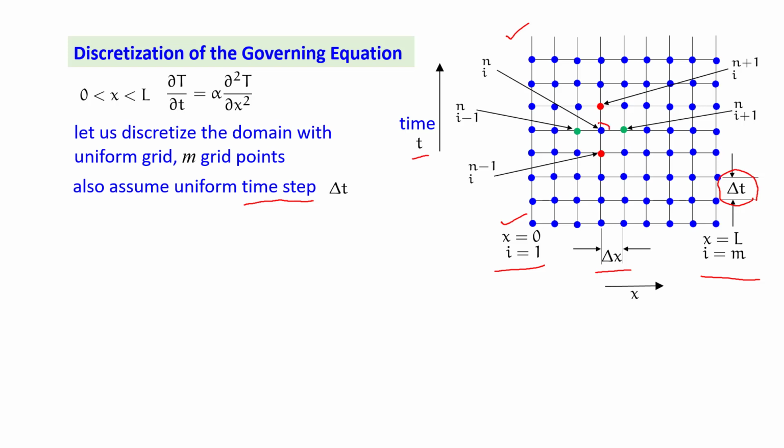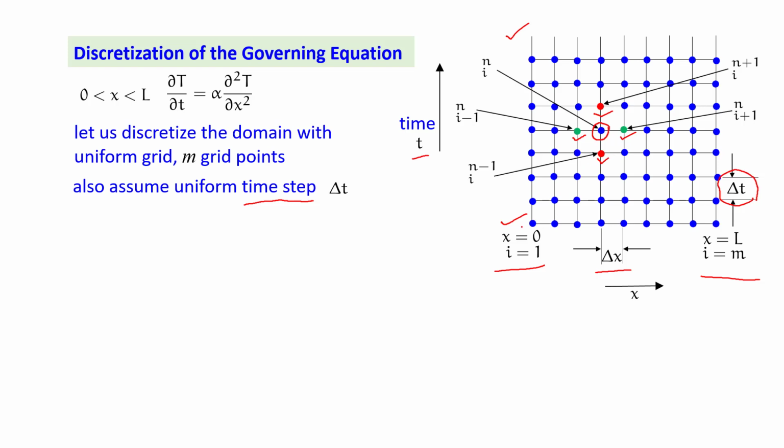If you see this particular point, in space location this is i, in time location this is n, and left side of this is i minus 1, n, right side of this is i plus 1, n. Similarly, at the top of it is i, n plus 1, at the bottom of it is i, n minus 1.